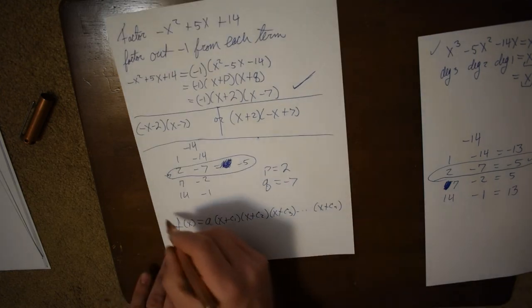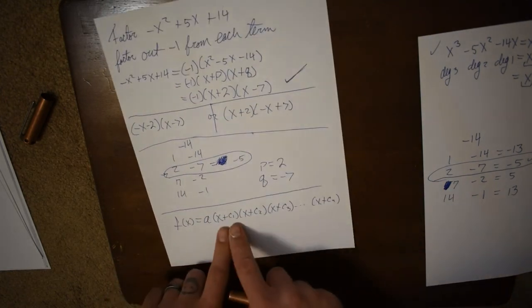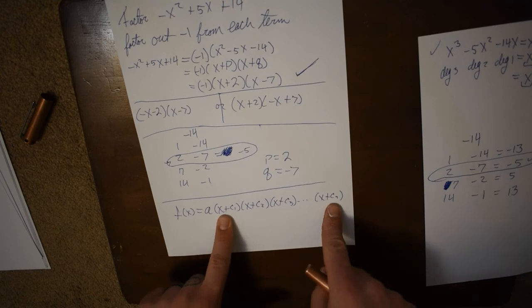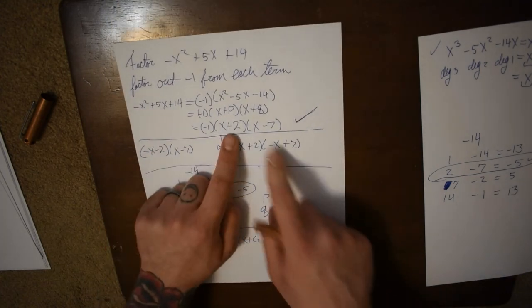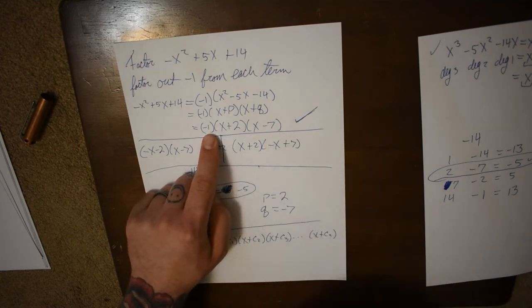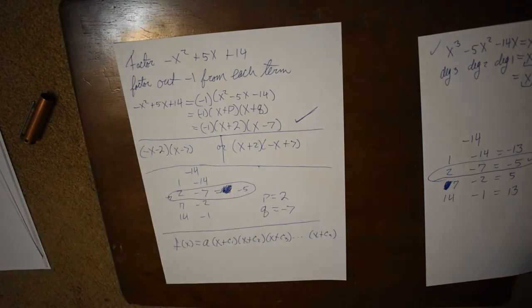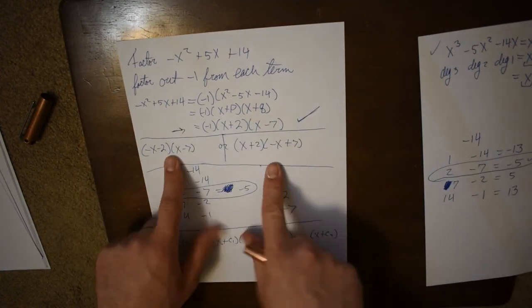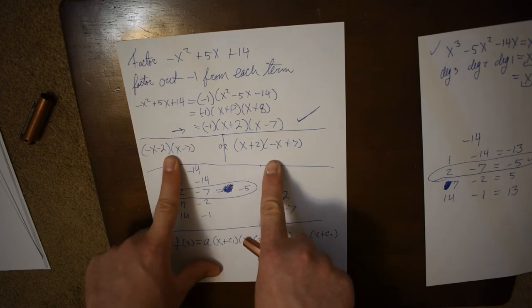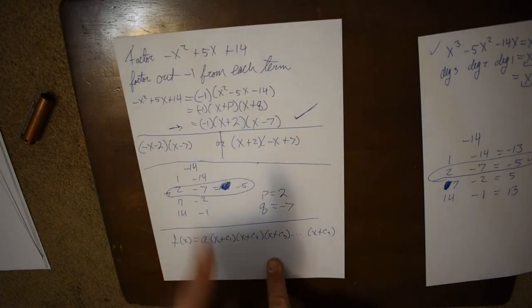So if every polynomial can be written as the product of these factors and some leading coefficient, it makes sense to leave this polynomial as the product of some factors and a leading coefficient as compared to trying to push it back in. It's kind of a long-winded tangent telling you to leave your answer in this form, though these are definitely correct. There's reasons for writing it like this.